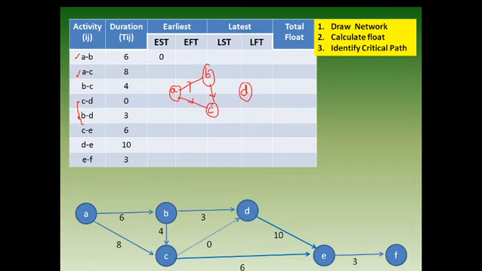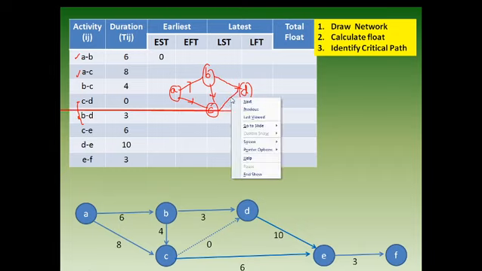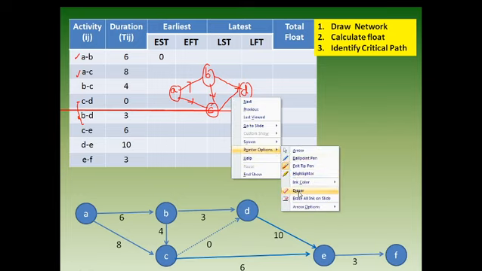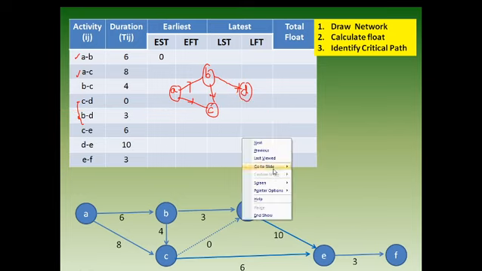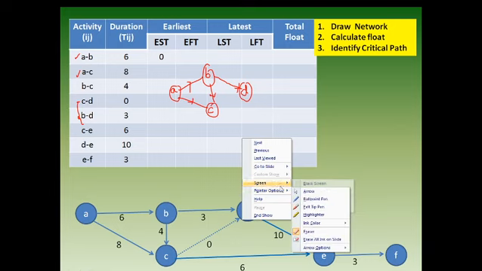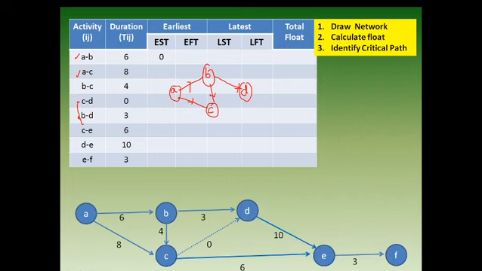We have one relationship, B to D. As C is dependent upon B, this will be nothing but a dummy activity. As B is dependent upon C, this is nothing but a dummy activity.